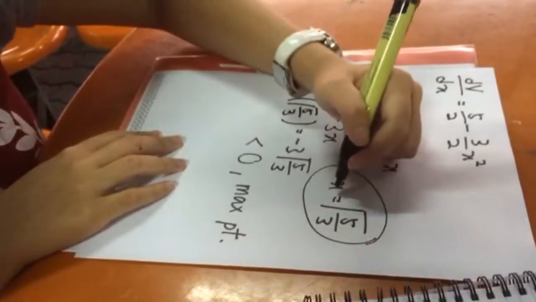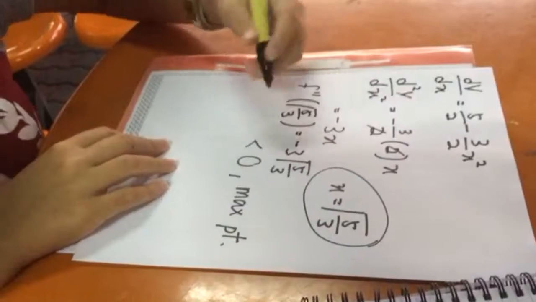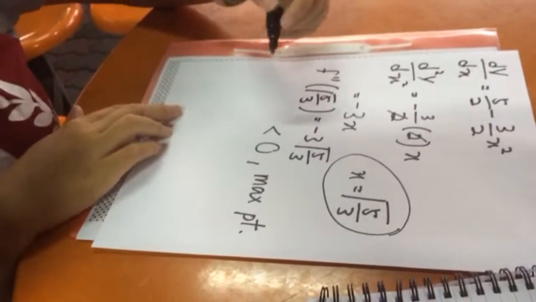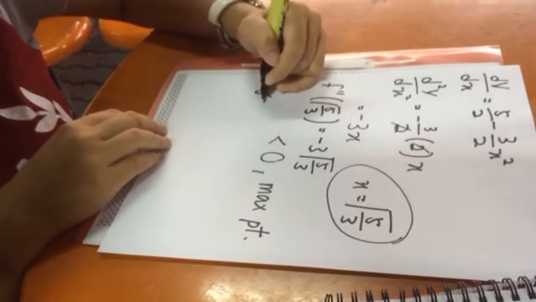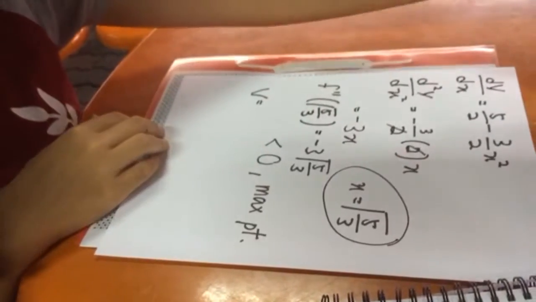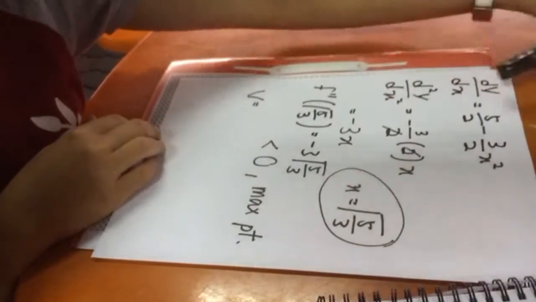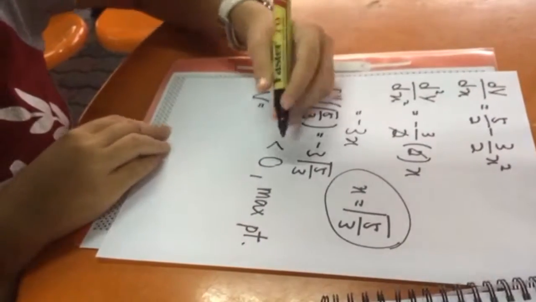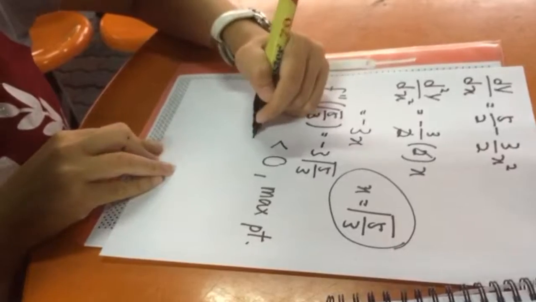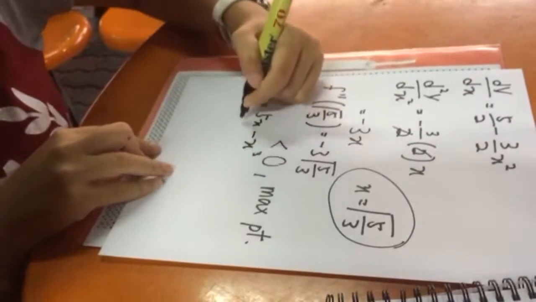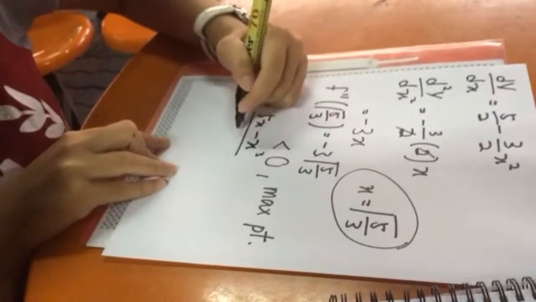So we take this x value and substitute it into our volume. Our maximum volume is V equals (5x minus x cubed) divided by 2.